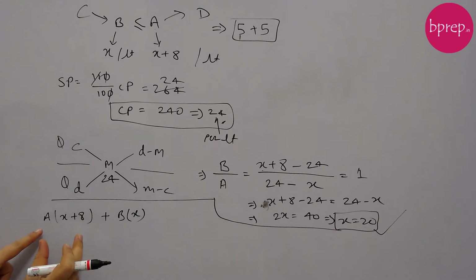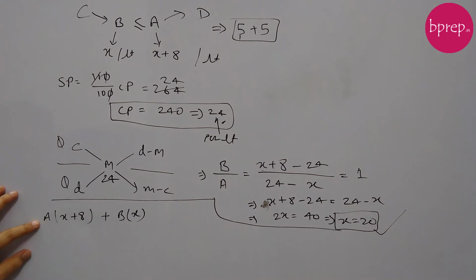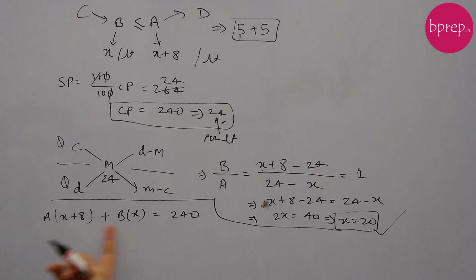Okay. So whatever is the volume of A in that 10 liter mixture into price of A per liter, and here volume of B into price of B per liter. So this is making a total of 10 liters of mixture and this price is 240. Right, we have calculated here the cost price is 240. So here the cost of A plus cost of total B is 240, right?